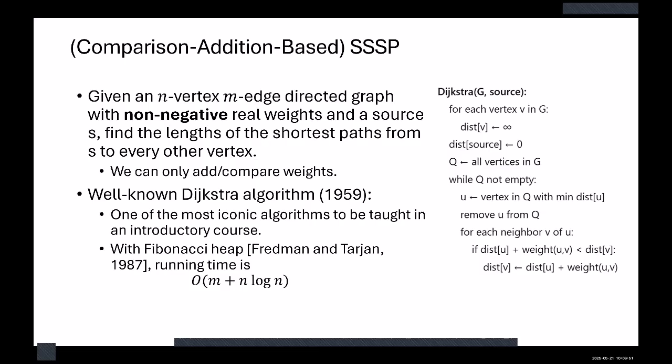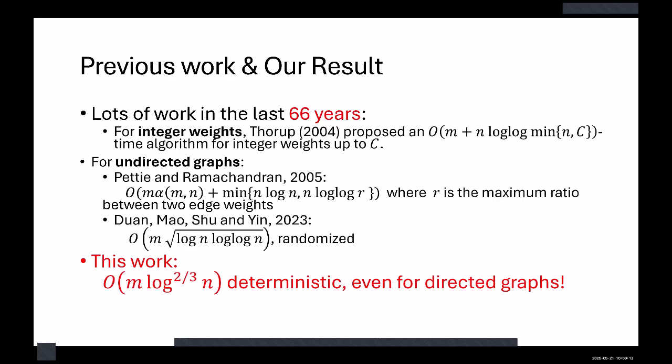This is implemented with a priority queue, and if you use a Fibonacci heap to implement it, you get a running time of O(m + n log n). This is what we have all known about this famous algorithm, which has been known for a long time.